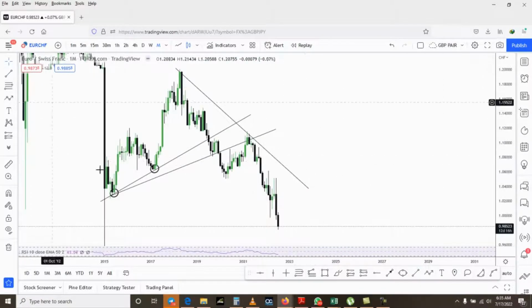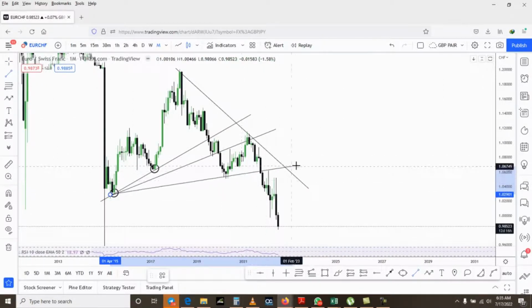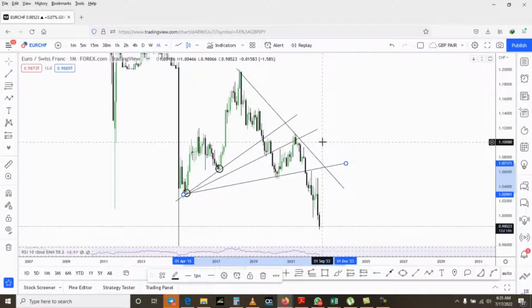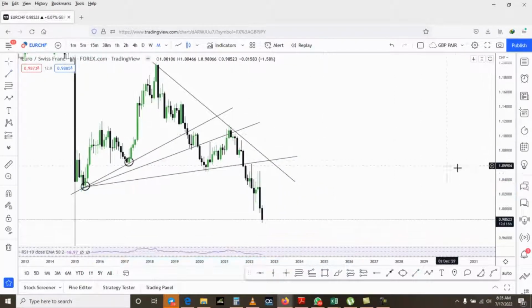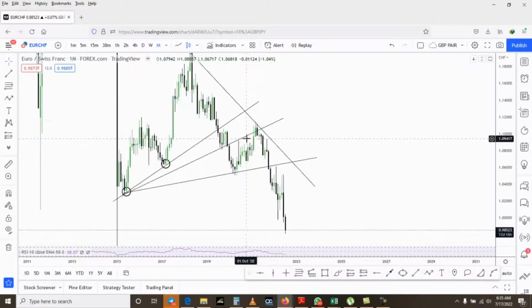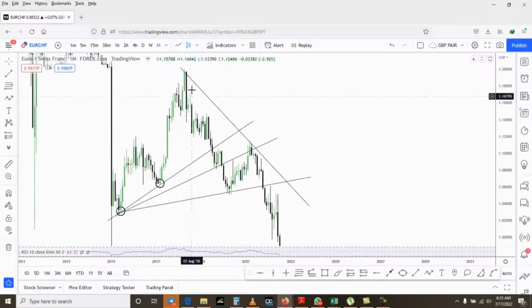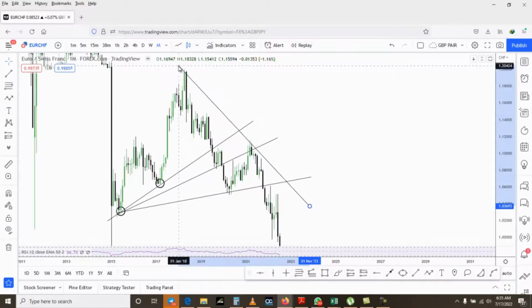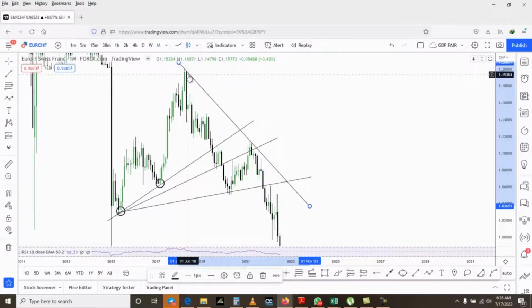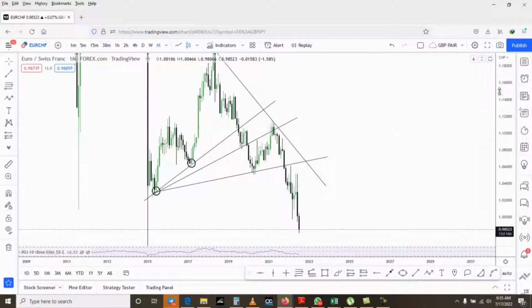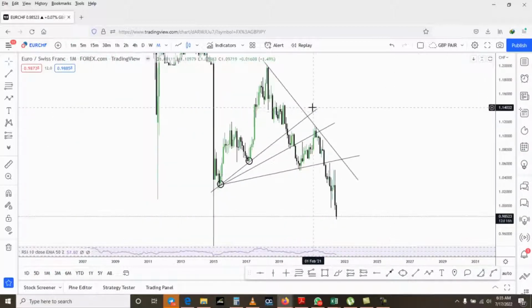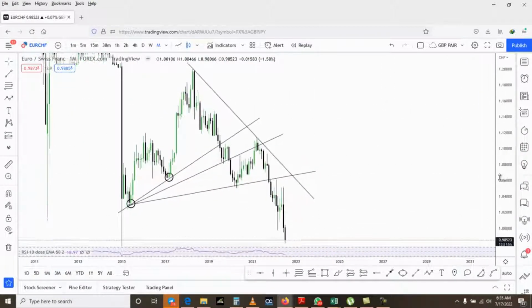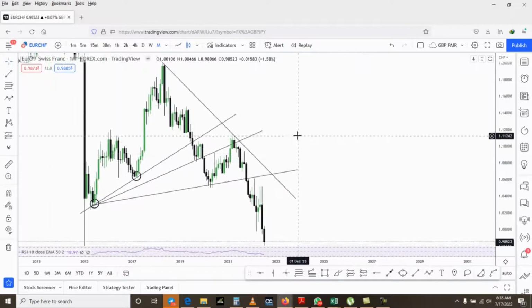We have another trend line here. From this high, going down, it tells you that the market is in a serious bearish trend.